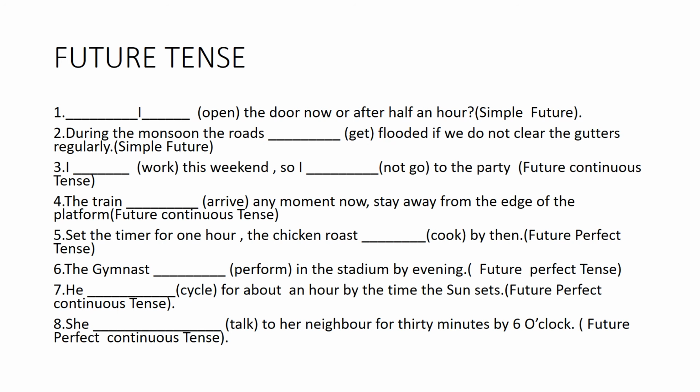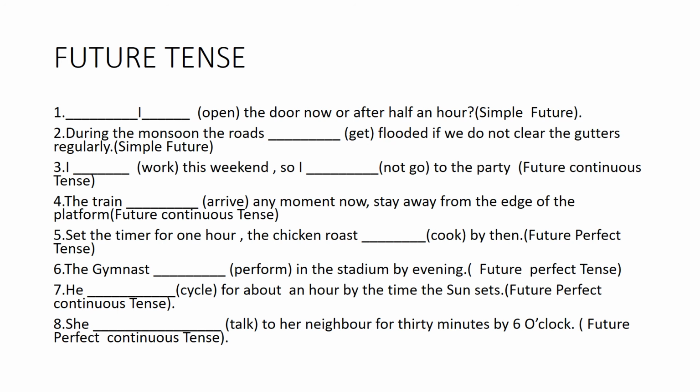Example 5, we are using future perfect tense. The rule is if the subject is I, we have to use shall have plus past participle. If the subject is you, he, she, they, it, use will have plus past participle. Set the timer for 1 hour.